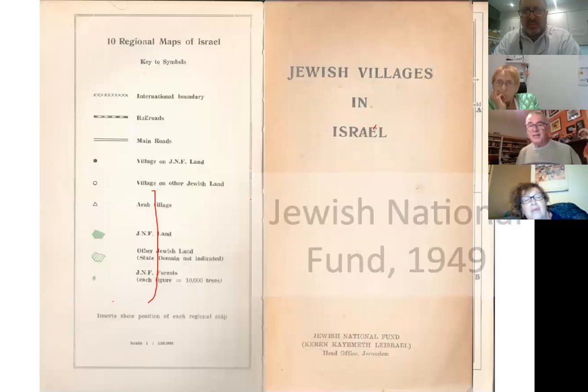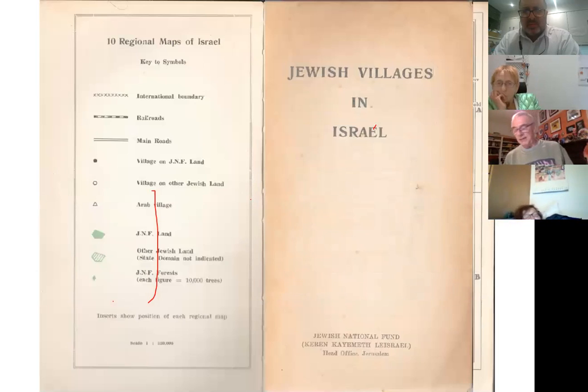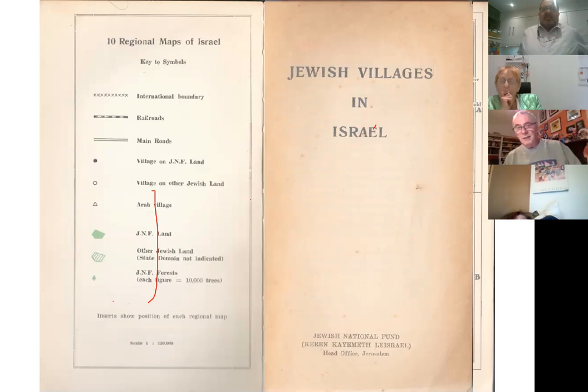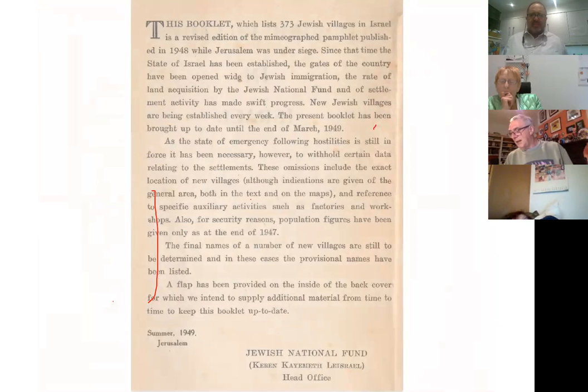So this is a little bit of history, and no one, apart from Steve Miller, who I have to thank for this, has probably seen these maps before. This booklet was published by the Jewish National Fund out of their head office in Jerusalem in 1949. It lists 373 villages as of March 1949.